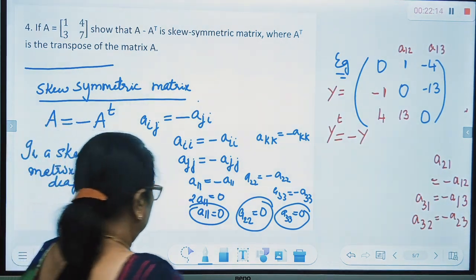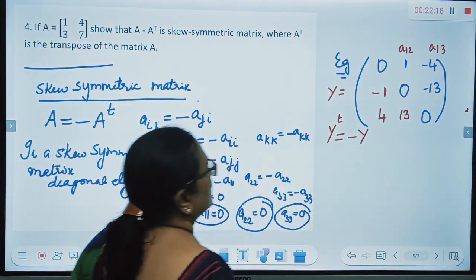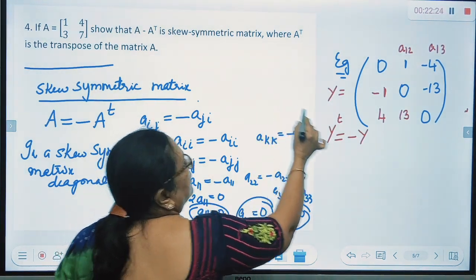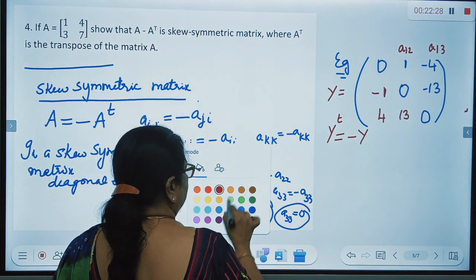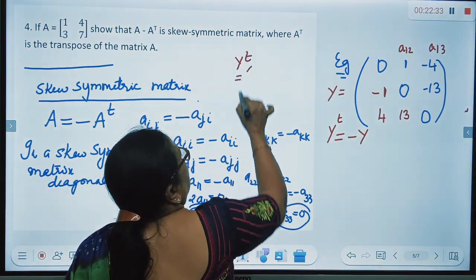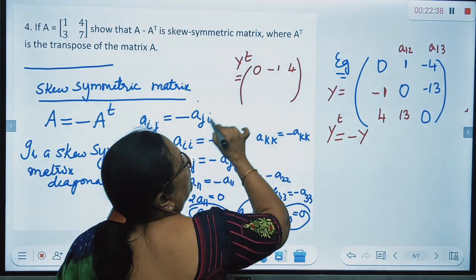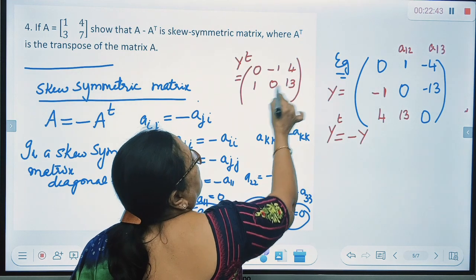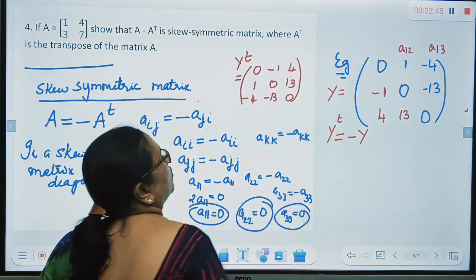If I take y transpose, what will I get? Y transpose will be 0, minus 1, 4, 1, 0, 13, minus 4, minus 13, 0.